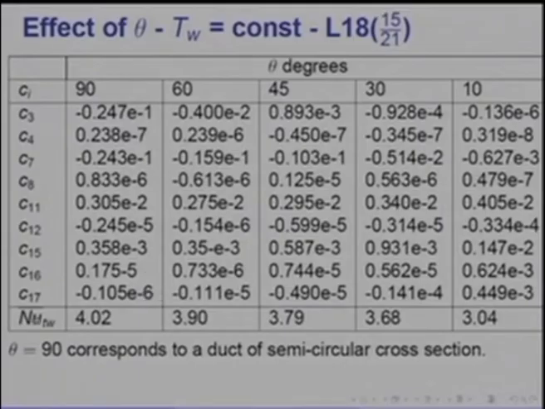In each case, the circumferentially average wall Nusselt number has also been calculated, and as you can see, as the angle becomes smaller, the Nusselt number goes on decreasing. Of course, this Nusselt number is based on hydraulic diameter. So, 4.02 is at 90 that we saw, 3.90, 3.79, 3.66, 3.04 at 10 degrees.